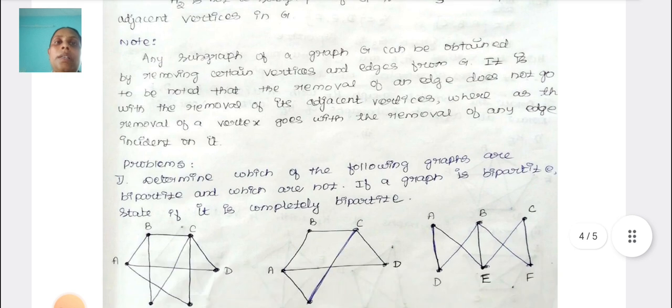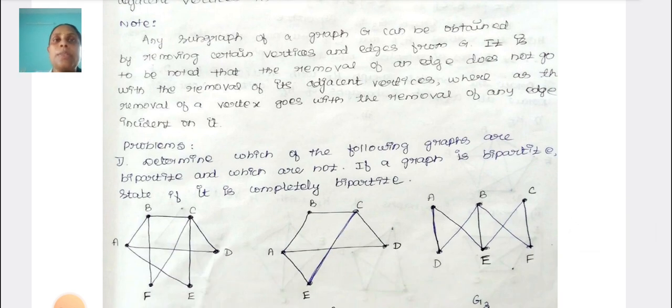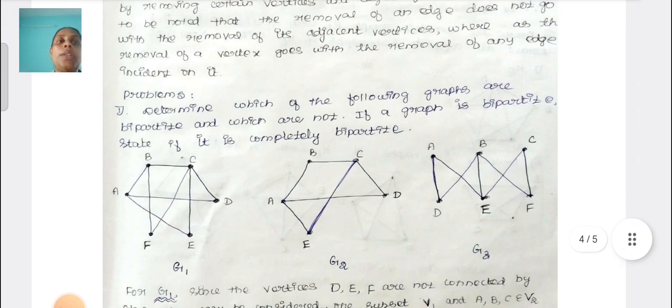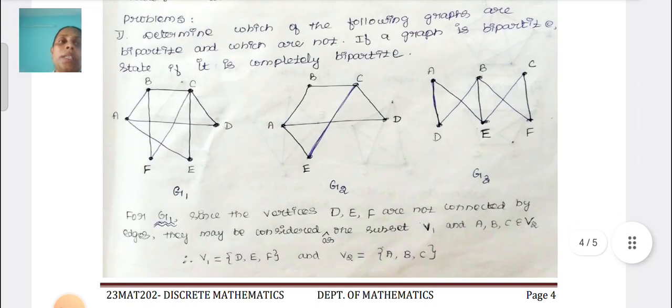Okay. Next we are going to see some problems. In this problem, determine whether the following graphs are bipartite or not. Here we are going to see the first one. In this first one, D, E, F are not connected by edges.